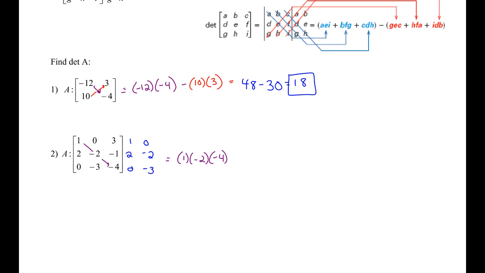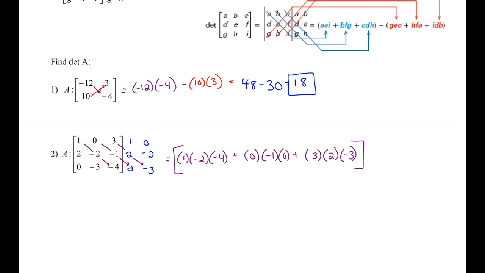And I'm going to add that to the next diagonal down, which will be 0 times negative 1 times 0. And I'm going to add that to the third diagonal down, which is 3 times 2 times negative 3. We know we're done doing the diagonals down because there are no more diagonals going down. That will give us 3 terms in each.